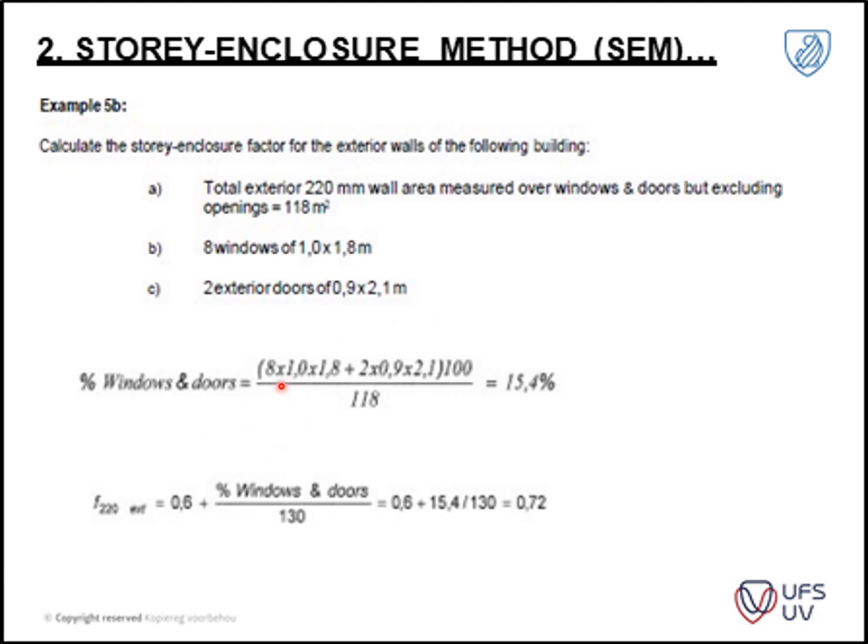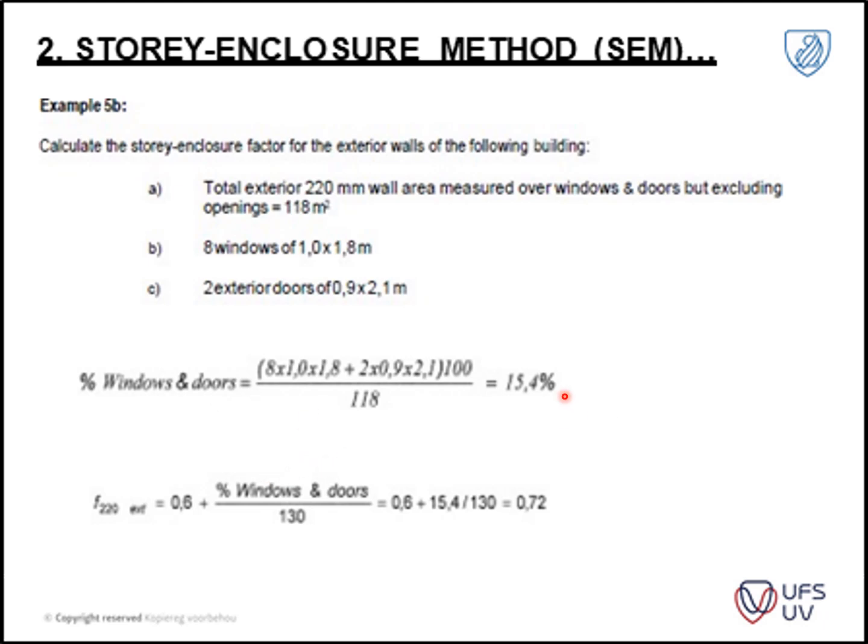So you calculate the percentage of windows and doors over the amount of exterior walls. You add up your windows and your doors, and you divide it by your total wall area to get a percentage of your windows and doors on the total enclosure.